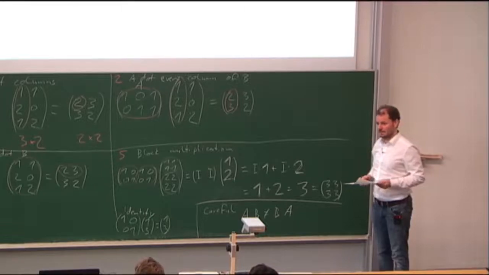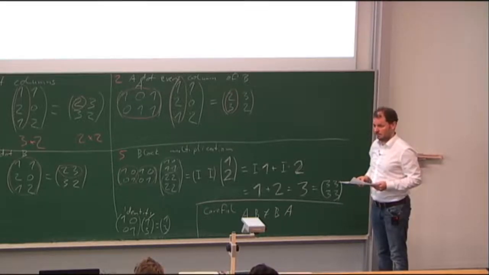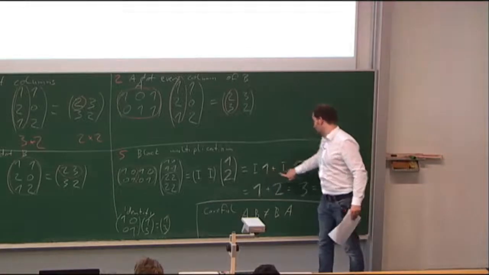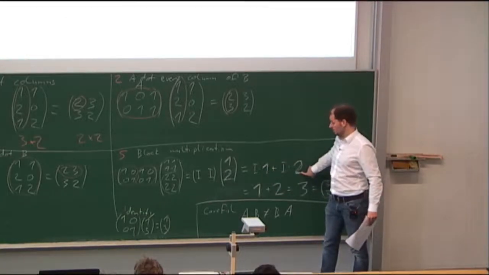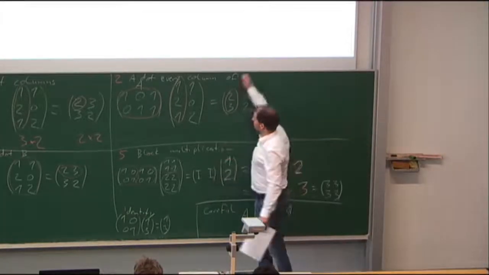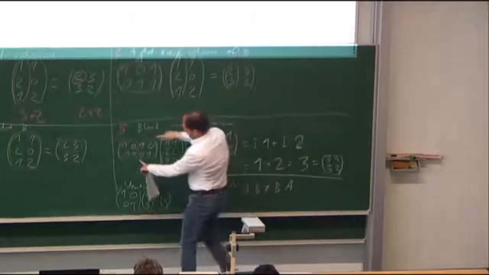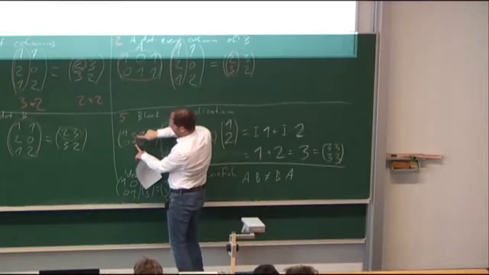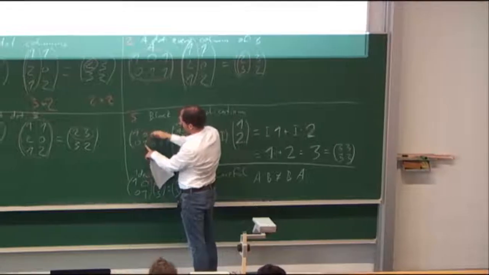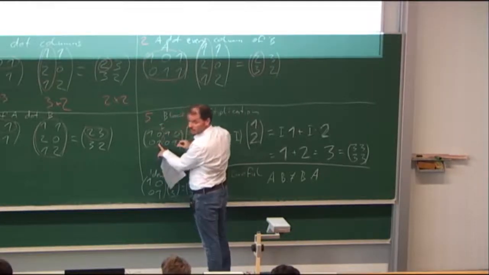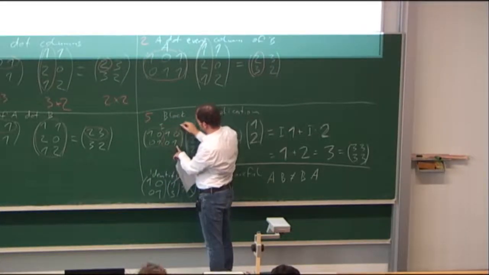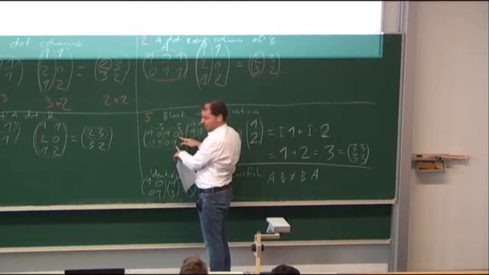Yes? In perspective 5, where did the I times 1, 2 come from? This I times 1 plus I times 2? Oh, it's just by seeing that this part is I. Here, these 2 columns, they are the identity matrix. And these 2 columns, they are the identity matrix again.